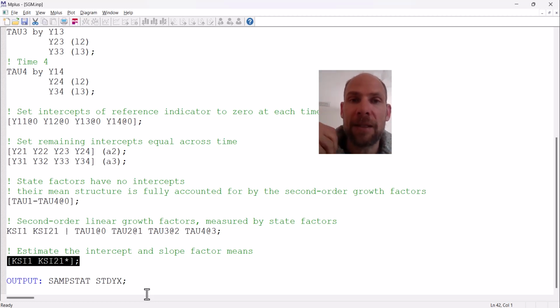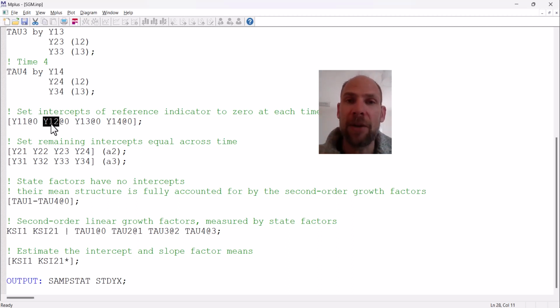So you'll see that there's misfit, and then the modification indices or residuals might tell you there are residual associations between, for example, y11 and y12, because that's the same indicator across time, and so the error terms are correlated for that indicator. One common way to address this is to allow for correlated errors of the same indicator across time.